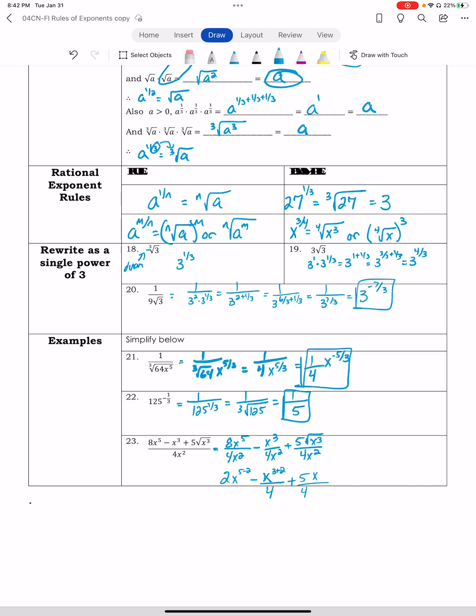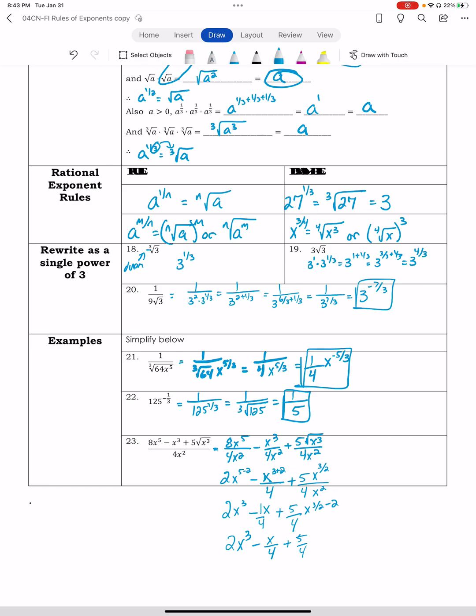This is the square root of x cubed, so that's going to be x to the 3 halves. This is x squared, so this is going to be 2x to the 3rd minus x to the 3 minus 2 is just x, so it's going to be 1/4 x plus 5 over 4 x to the 3 halves minus 2, so 2x cubed minus x over 4, or 1/4 x, plus 5 over 4.